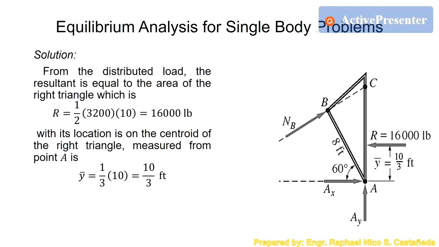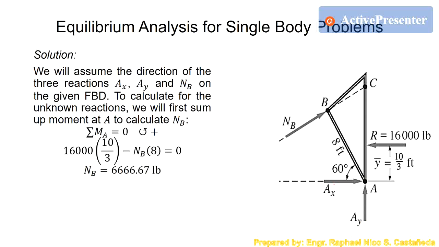So, the first thing we do is, since we have three unknowns, NB, AX, and AY, we can calculate NB by summing up moment at A, taking advantage that the two forces here are intersecting at point A. So, if we sum up moment A, we will not include these two forces in the equation, so you will not see AX and AY there. So, we have 16,000 times 10 over 3.